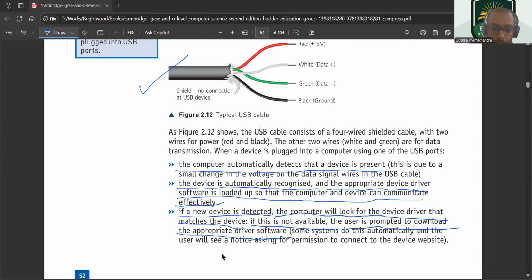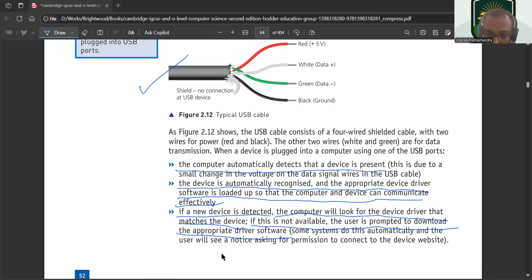Next, if a new device is detected, the computer will look for the matching device driver. If it is not available, the user is prompted to download the appropriate driver software in some cases.